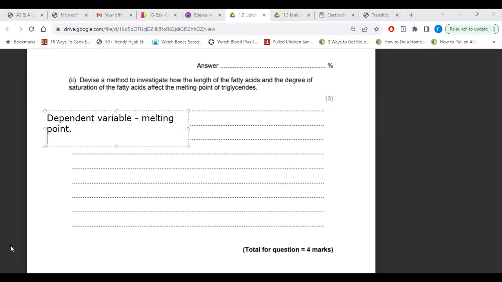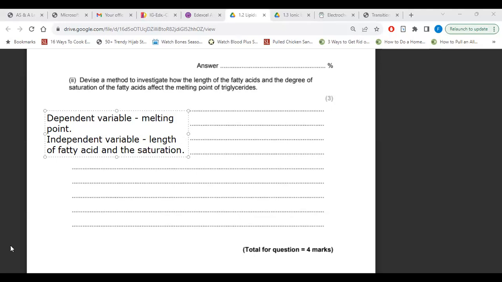That's our basic method. What is our independent variable? You and I need to figure out the length of fatty acid and the saturation. These are the two variables that are in my control where I can go ahead and change them. Now, there's one problem.